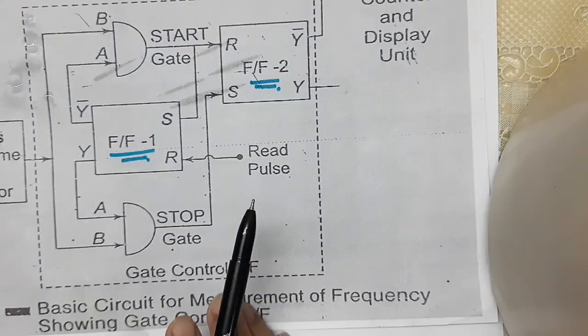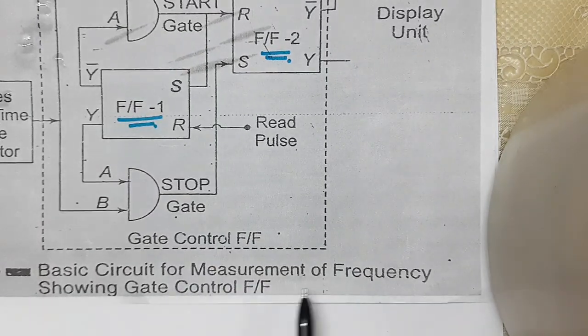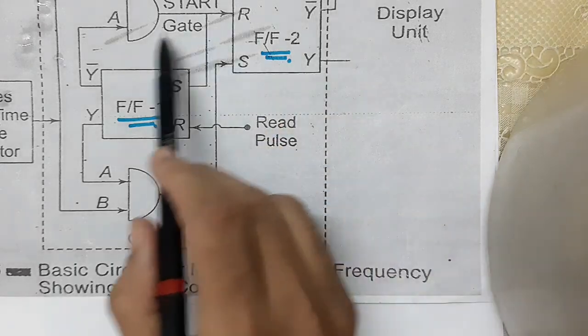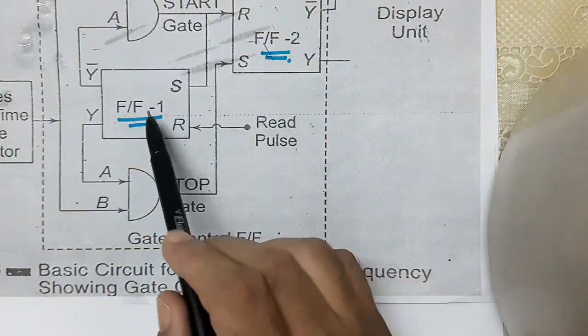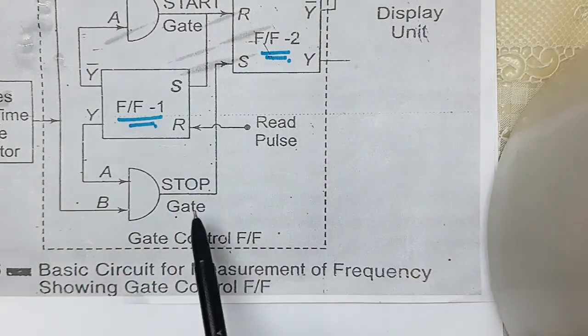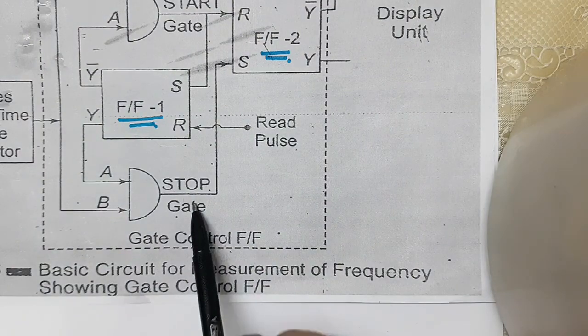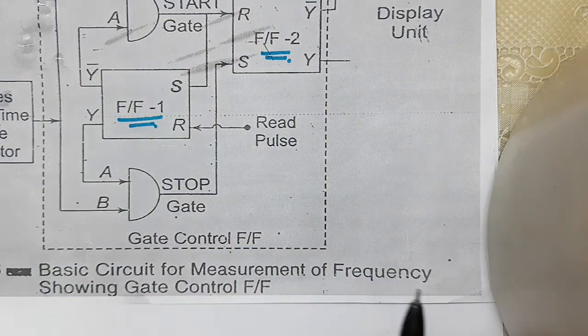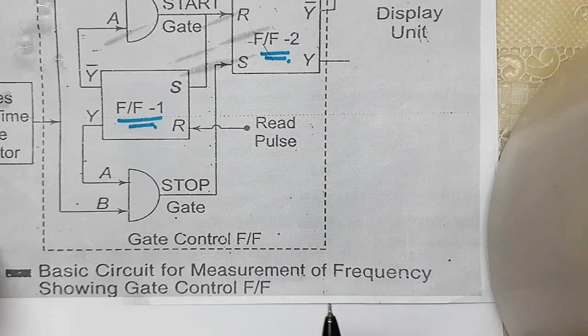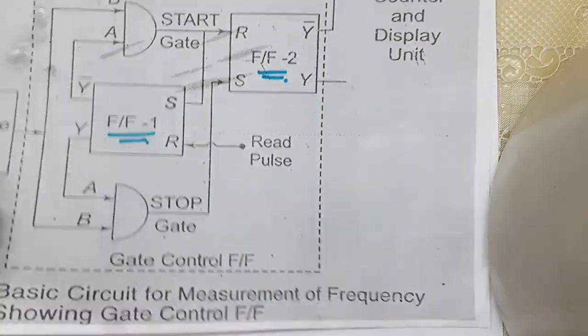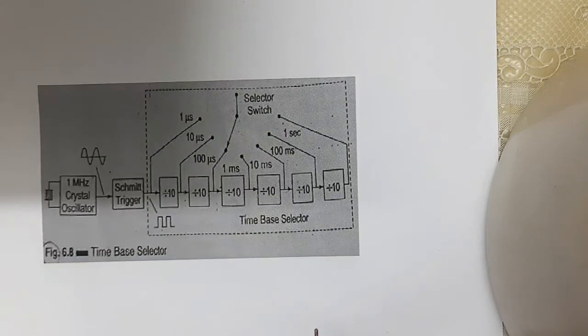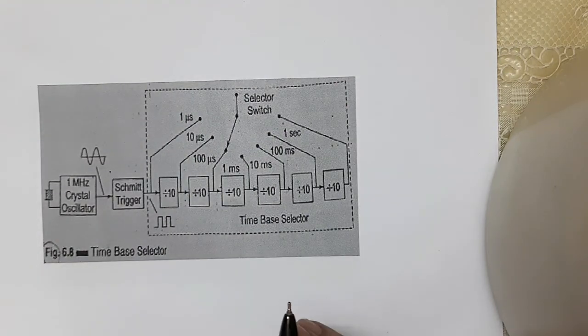This is the basic circuit for the measurement of the frequency showing gate control flip-flop. We are using 2 flip-flops, start and stop gate, and through this we measure the frequency. In the last 2 lectures, we then saw the block diagram of the digital frequency meter and discussed it.